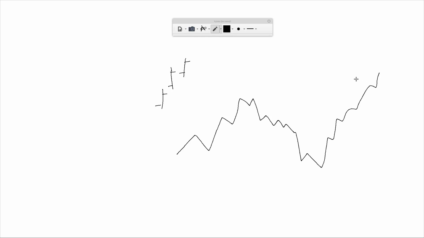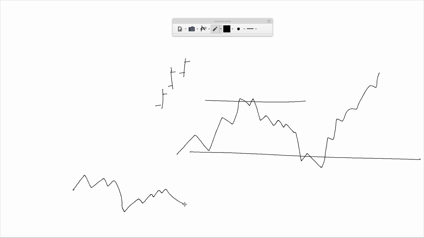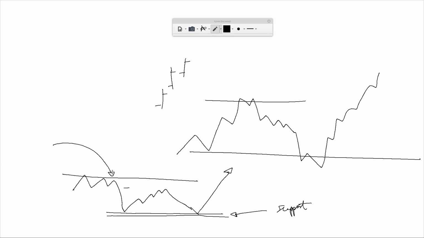So what we see here is that there's some resistance level, support. Okay, and there's some scenario where the market comes down and tests, and then tests the same support level. Okay, same support level and then goes up. So this is what we call support line, support. Okay, and above we have resistance.